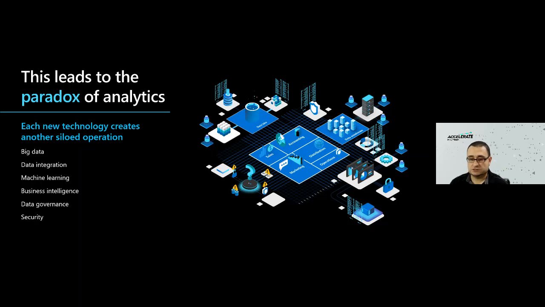So each new technology you adopt will create, inherently, another siloed operation, another siloed audience, another siloed data set. And the task of connecting all of these systems and processes together requires specialized skills, building out new policies, protocols, processes, and sometimes the need to duplicate the data again and again for these purpose-built solutions.